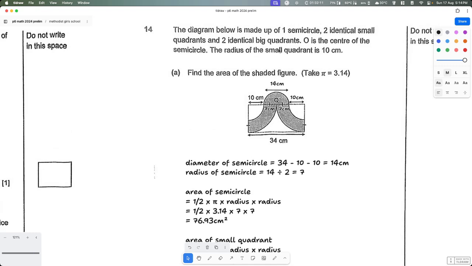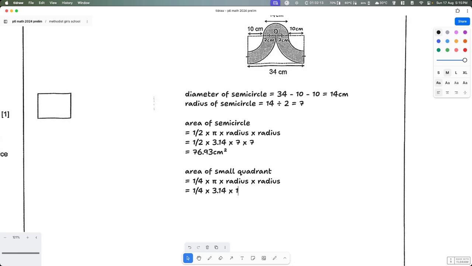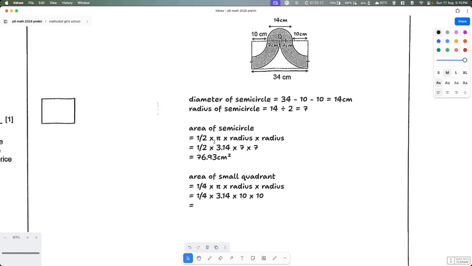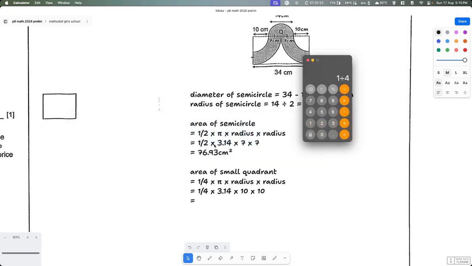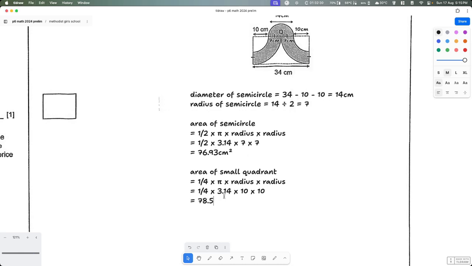It is 10 centimeters. So 10 times 10, and this will give us 1 divided by 4, or 0.25, multiplied by 3.14 times 10 times 10. This will give us 78.5 centimeters square.